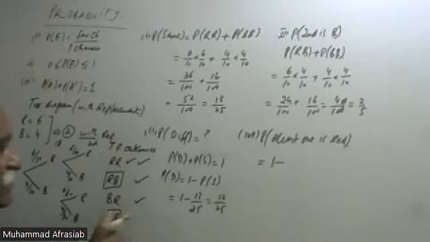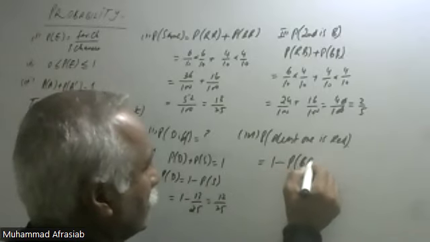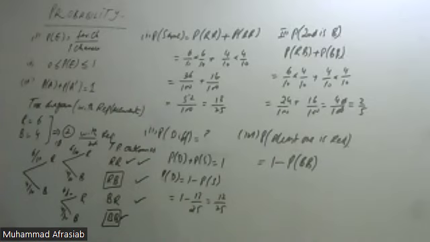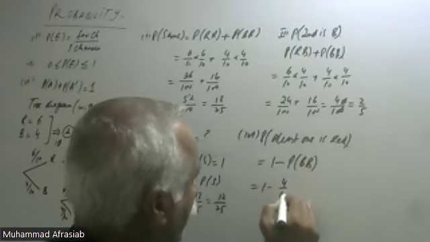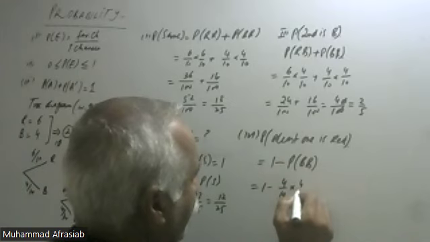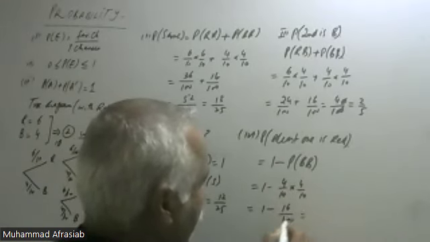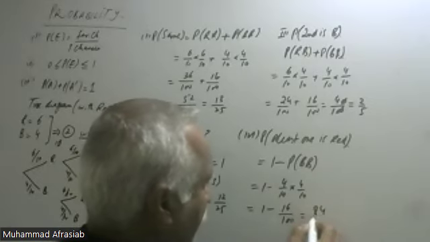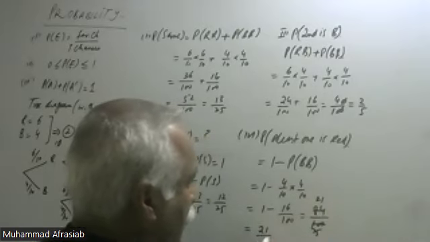So if we subtract the probability of blue-blue from the whole, then it is the probability of at least one red. So it should be equal to 1 minus 4 out of 10 into 4 out of 10, that is 1 minus 16 over 100, which is equal to 84 over 100. This should be equal to 21 over 25.